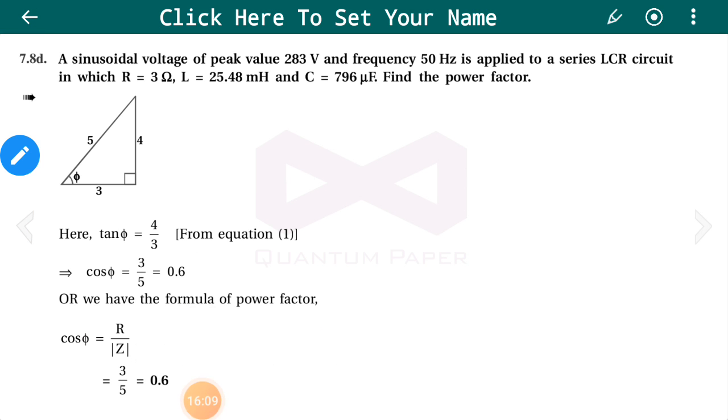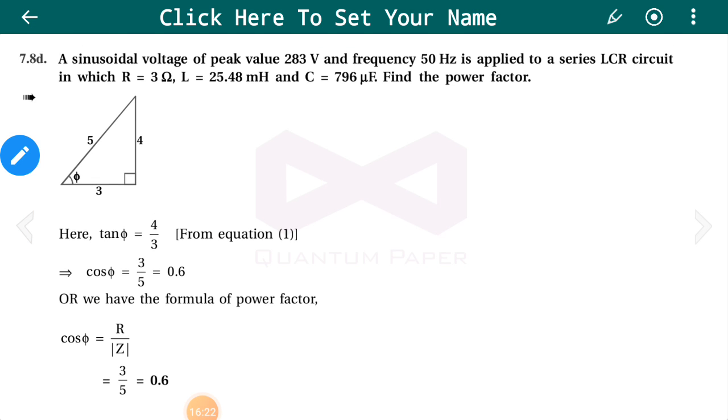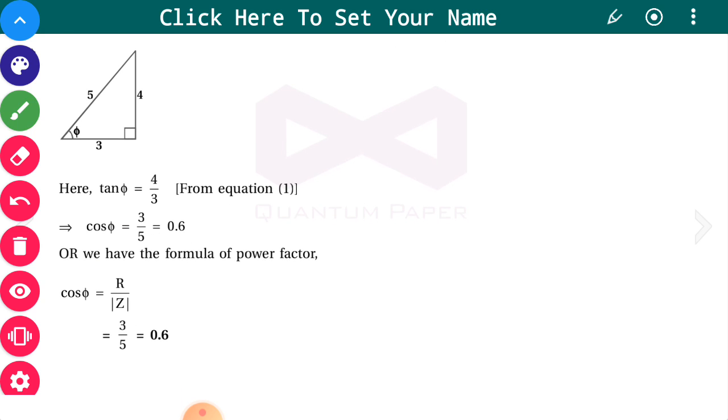Now the last part of this: we want to calculate the power factor. Power factor is cos phi. As you know, cos phi is nothing but resistance upon the impedance.